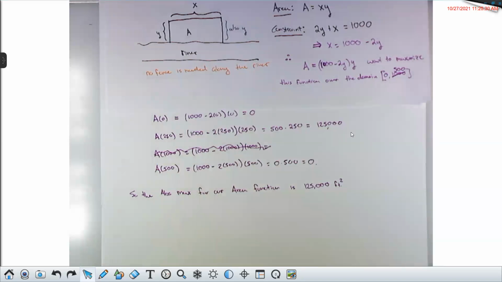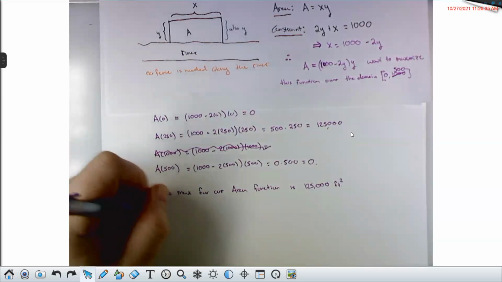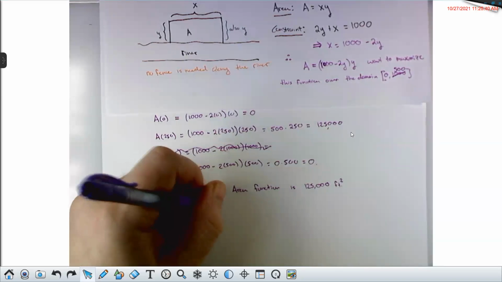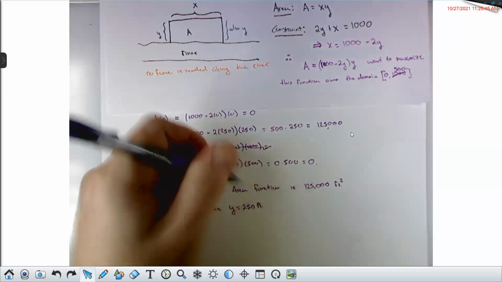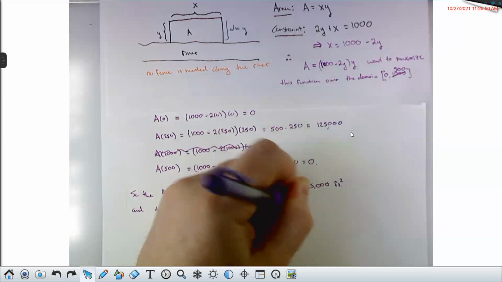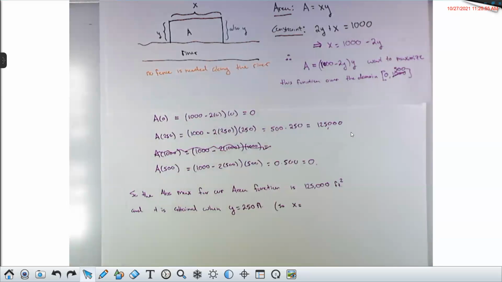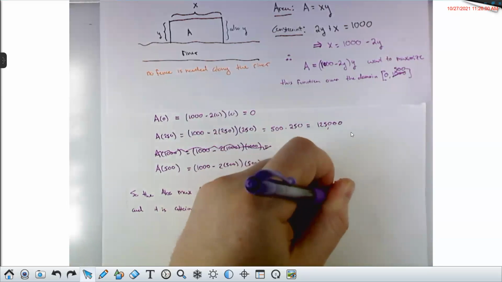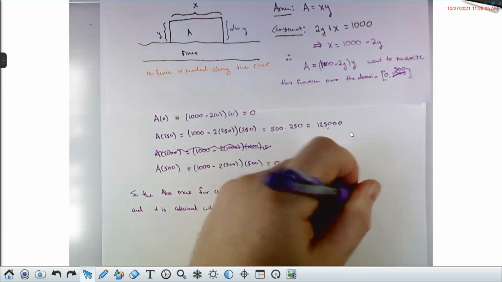It's an area, and the side lengths are measured in feet. And it is attained when y is 250 feet, which means x would have to be 1000 minus 2y. 1000 minus 2 times 250, which is 500.